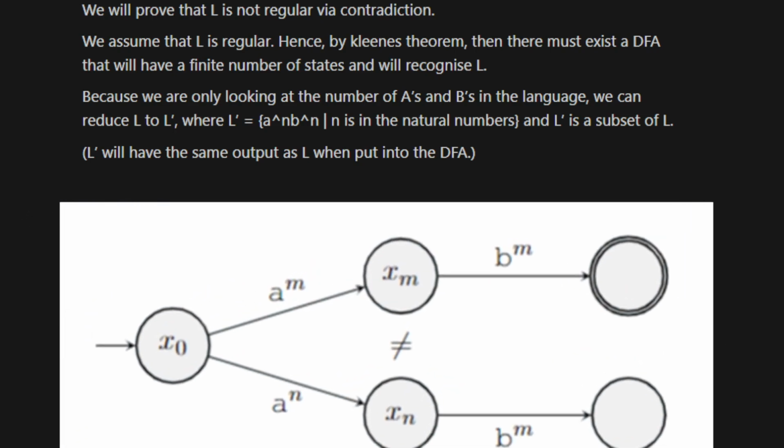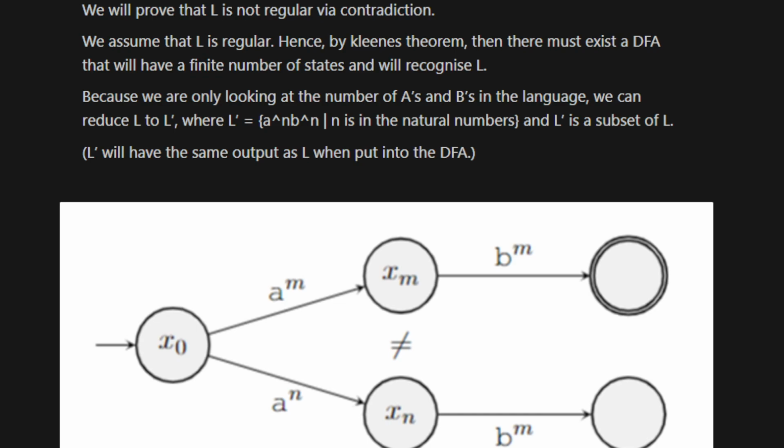Cool. All right. So for example, let's say we have the state xn such that we have inputted a to the power of n. Now, one thing I'm just going to be clear about, just so that you don't lose marks, is that xn is not equal to Xn, where X is a capital letter.